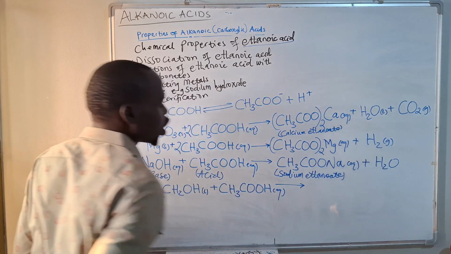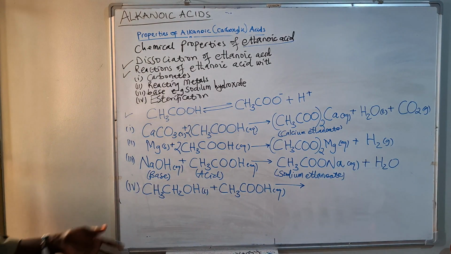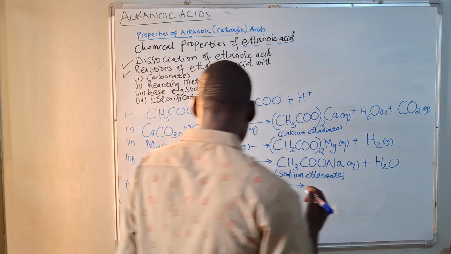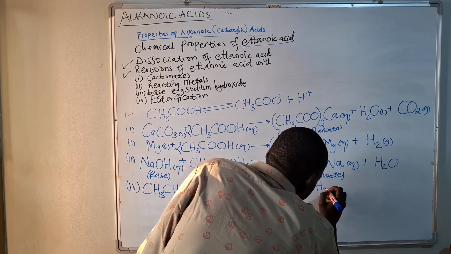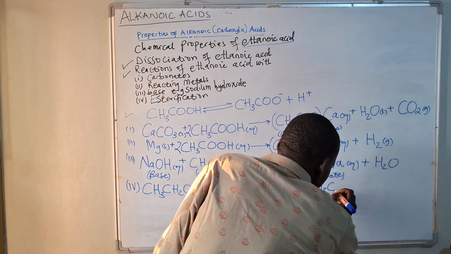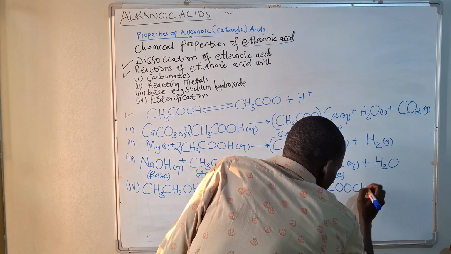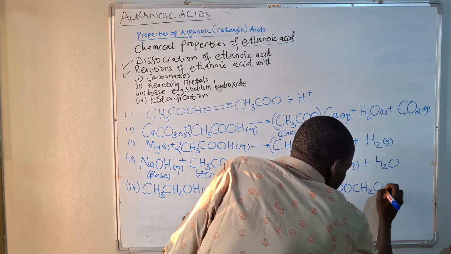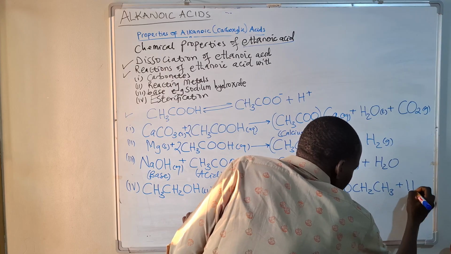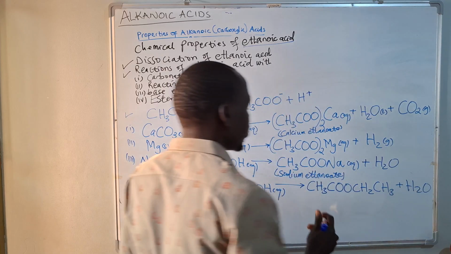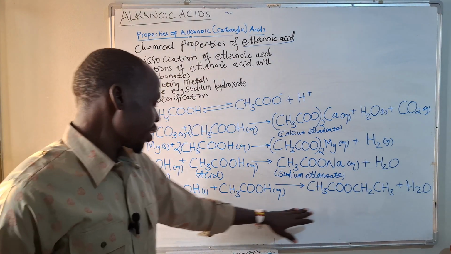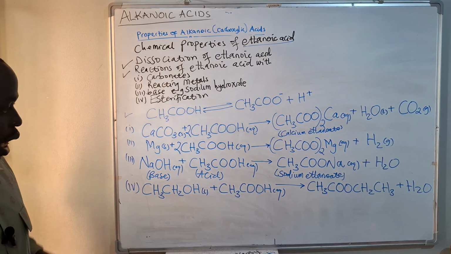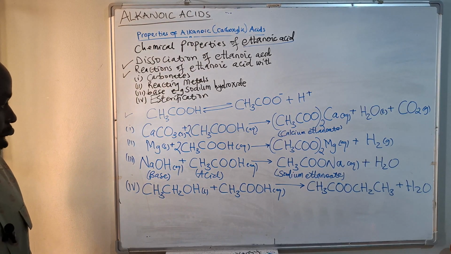We shall be in a position to form those sweet, fruity compounds called esters. So we shall have CH3COOCH2CH3 formed with a water molecule. We're going ahead to see how esters are formed and how we shall name them.